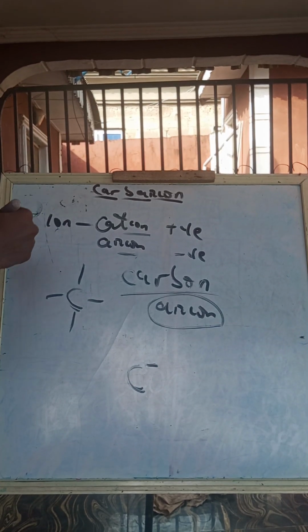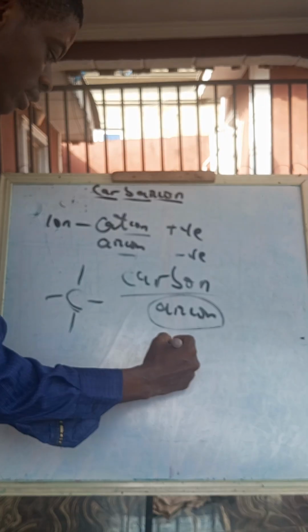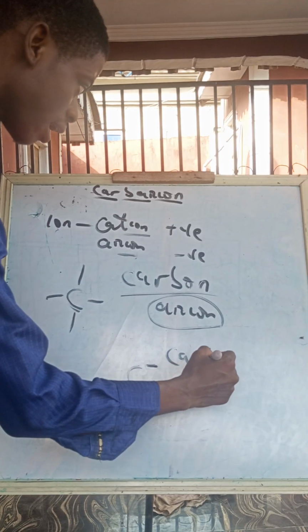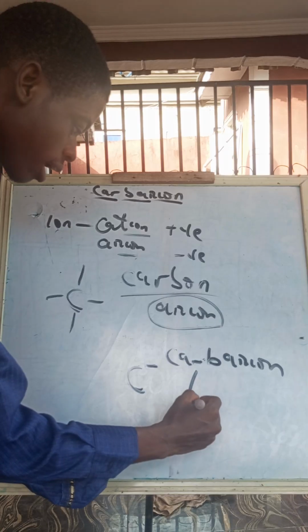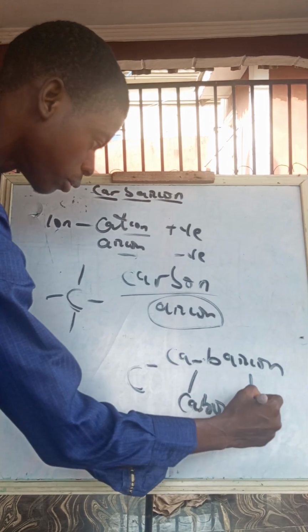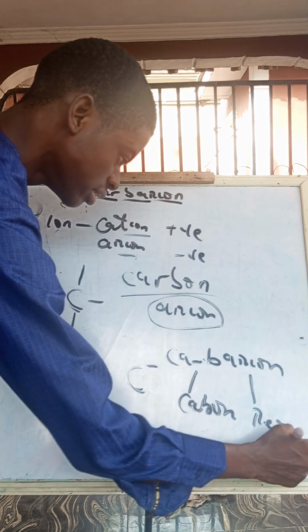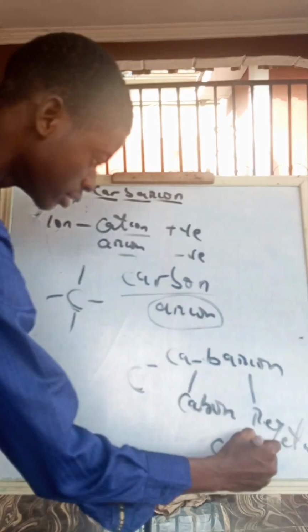The word carbanion is derived from carbon with a negative charge. In another scenario, we can say carbanion is an anion in which carbon has shared pairs of electrons and bears a negative charge, usually with a 3 substituent.